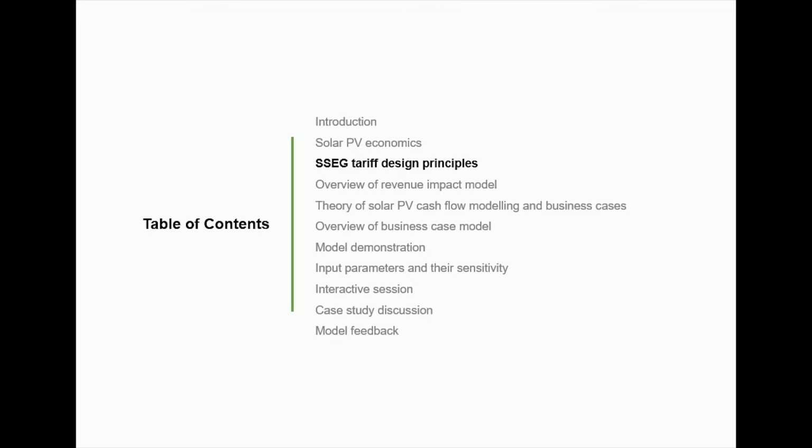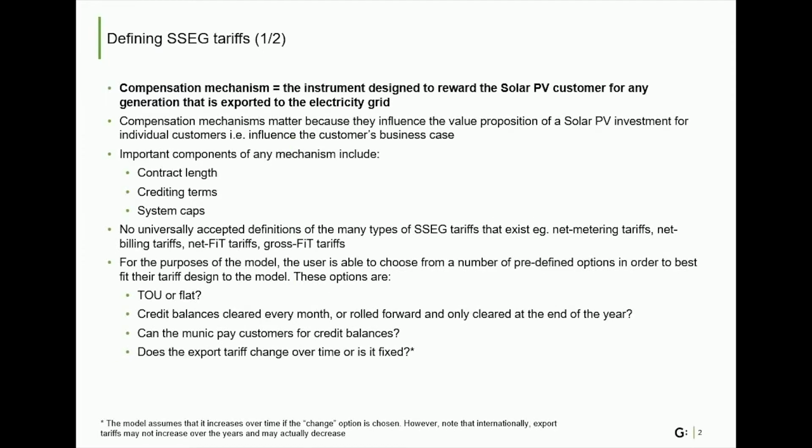I'll start by defining SSEG tariffs. It is assumed that people will only want to install solar PV if it makes financial sense for them to do so. For this reason, compensation mechanisms are often used to incentivize the installation of solar PV systems.